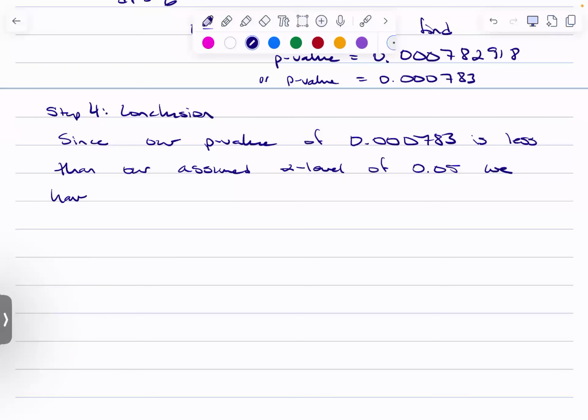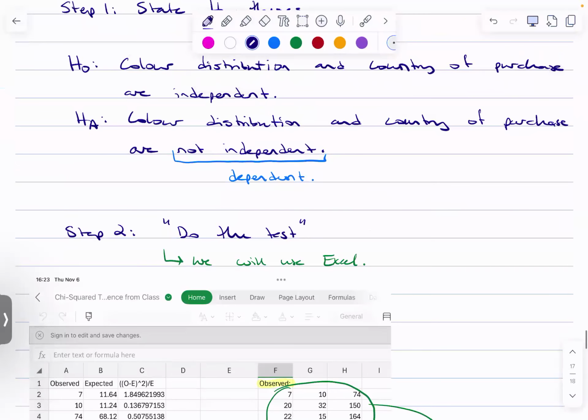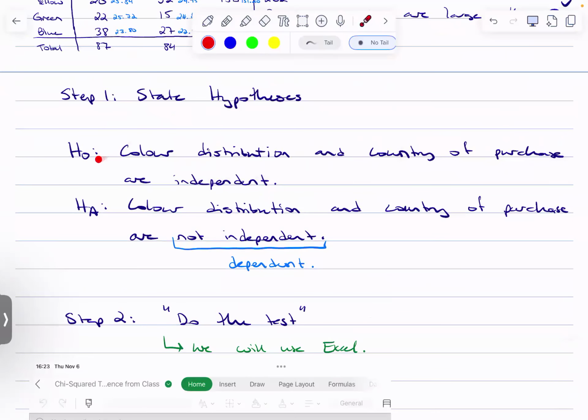We have enough evidence to reject H0. If I'm rejecting it, then I'll drag HA into it and say in favor of HA. But technically correct if you just ended it there. Reject H0 in favor of HA. Therefore, going back to my hypotheses, I've rejected the null hypothesis in favor of the alternative.